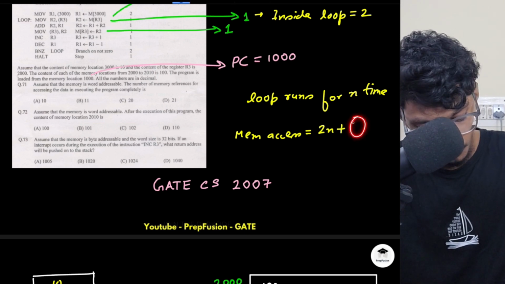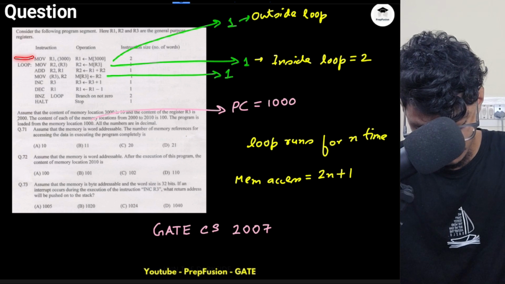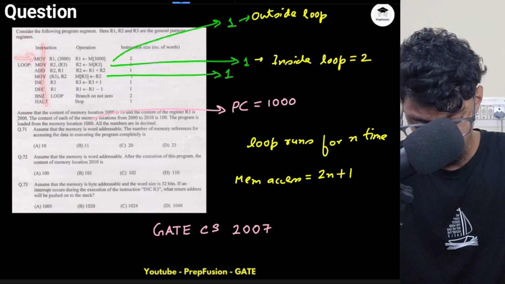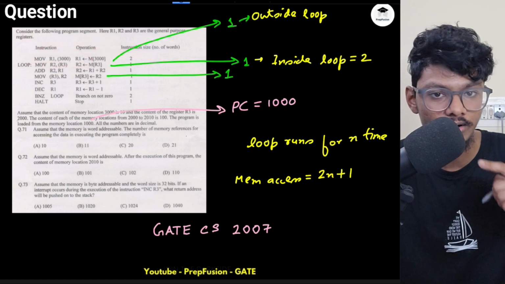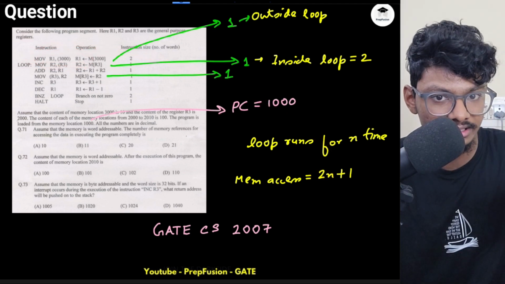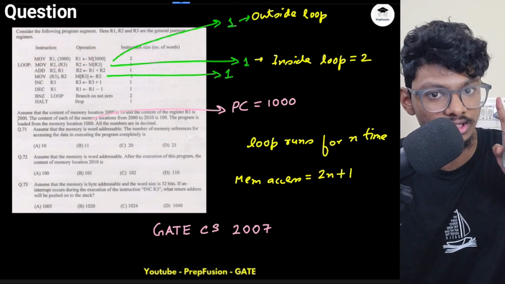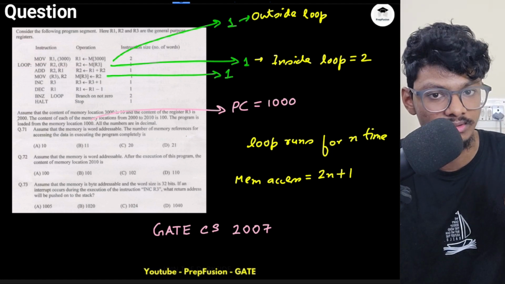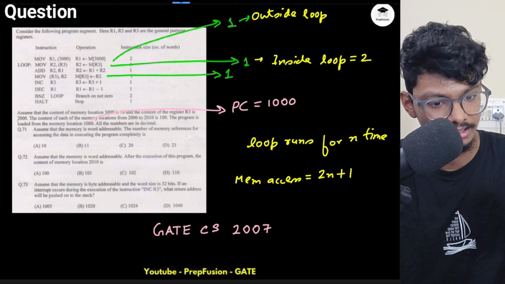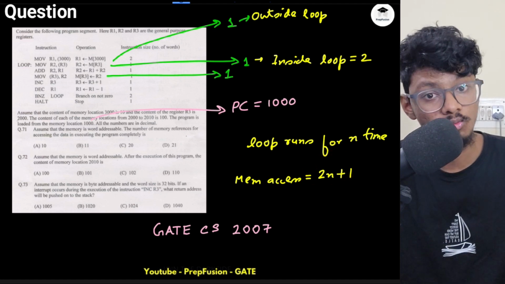Why 1? 1 is due to the access during the first time this instruction ran. This was not inside the loop, that's why this 1 came. And why 2 times n? Because each time I run the loop, I am accessing the memory twice. So if I run the loop n times, then I will access the memory 2 times n, right? That's why 2n.